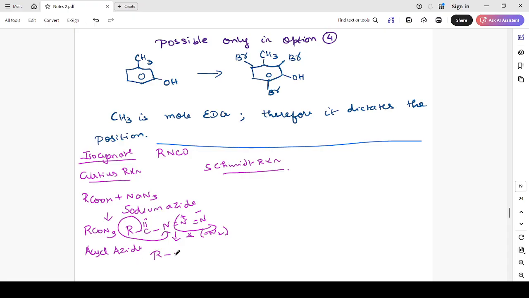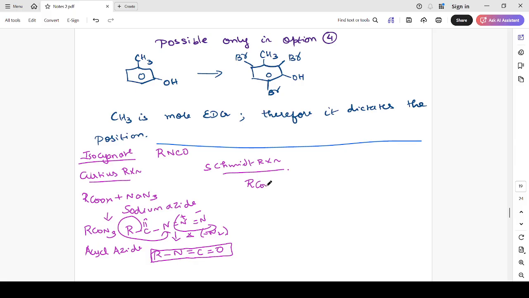So I have RN double bond C double bond O. This is what is called isocyanate. So this isocyanate is a very powerful intermediate for us. The same isocyanate is formed in the Schmidt reaction as well.